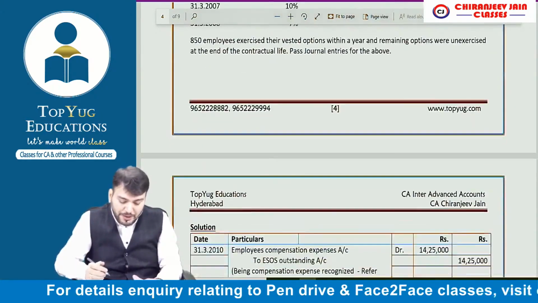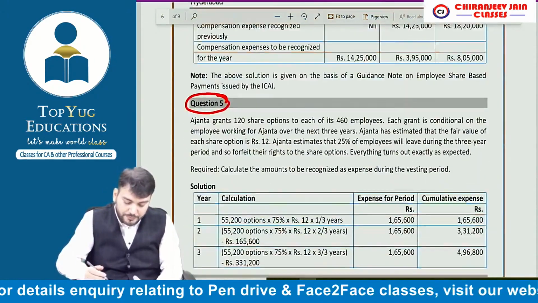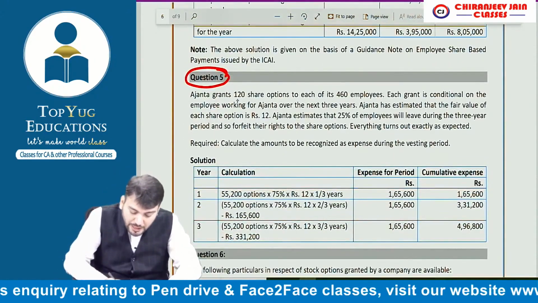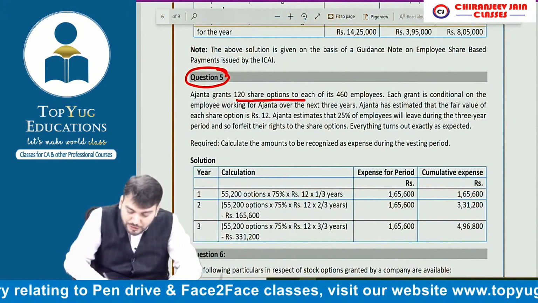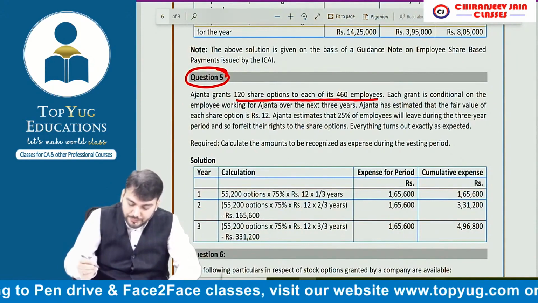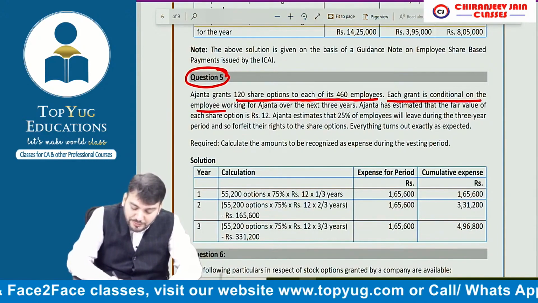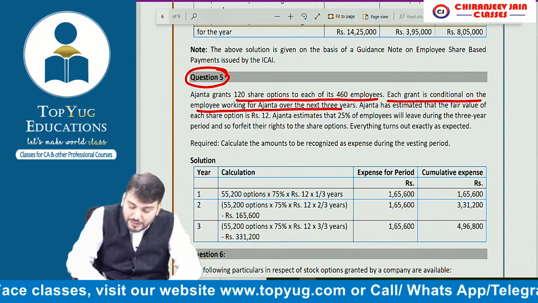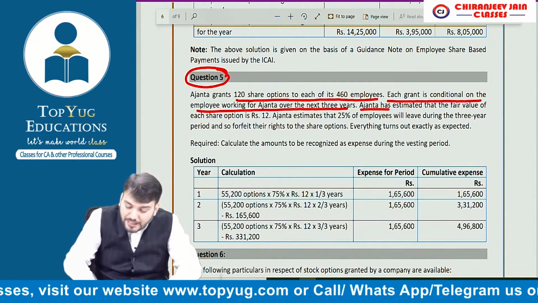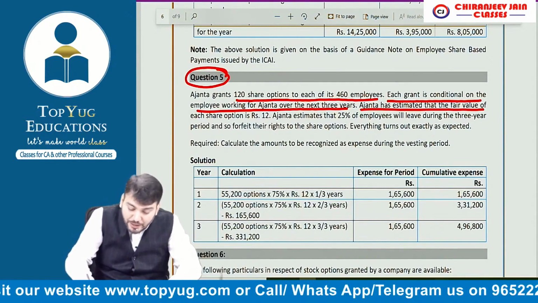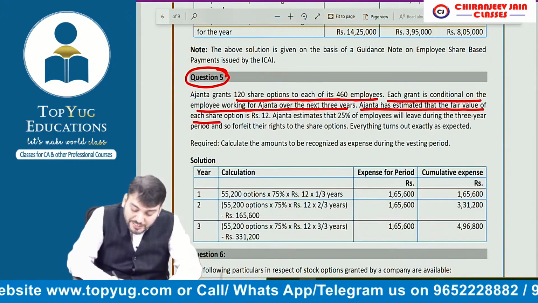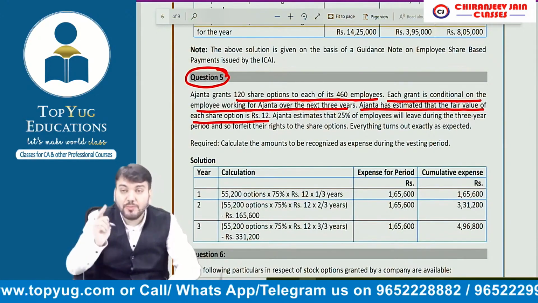Come to question number 5. Ajanta grants 120 share options to each of his 460 employees. Each grant is conditional on the employee working for Ajanta for the next 3 years. Ajanta has estimated that the fair value of each share option is 12.